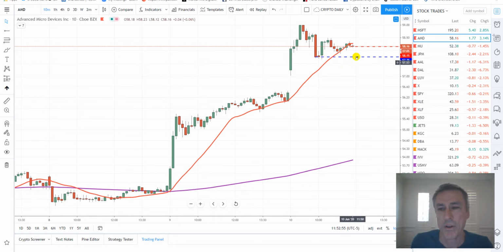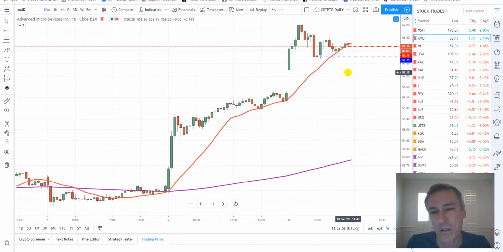So if it goes against you, go and get out, then you'll live to play another day. So that's what we're looking for. We really want to come down to that 57.75, this previous real strong low pivot here. Okay, we will come back as we get some price action going.